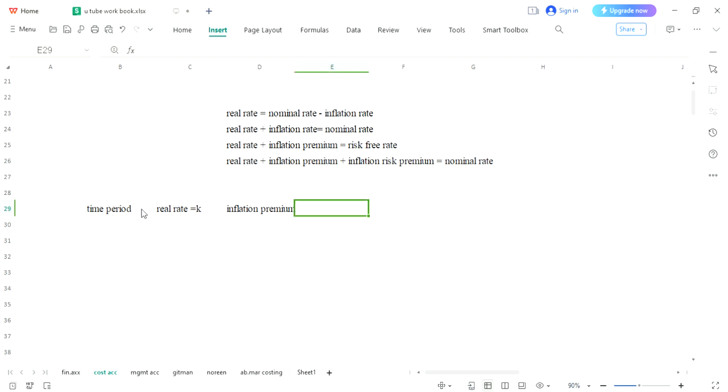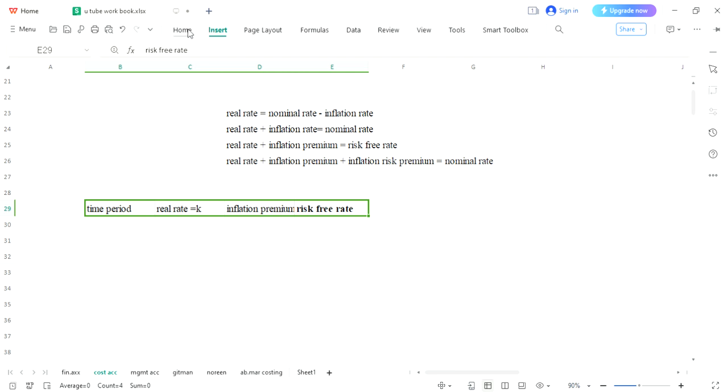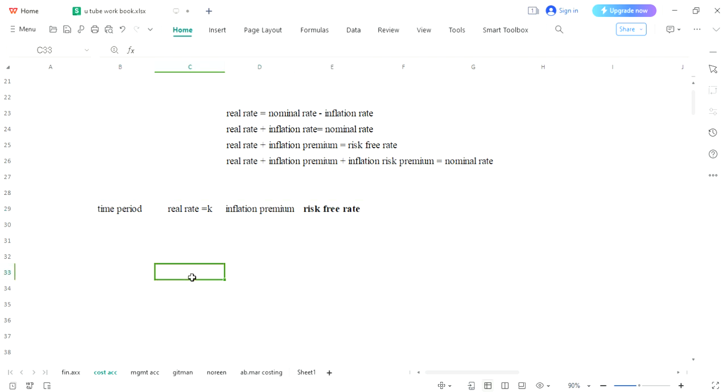Finally we will be getting our risk-free rate, and this is required in the question. Let's highlight it. This is our part A, and let's align them accordingly. A little more space is needed. All right, let me make a little more space for inflation premium.